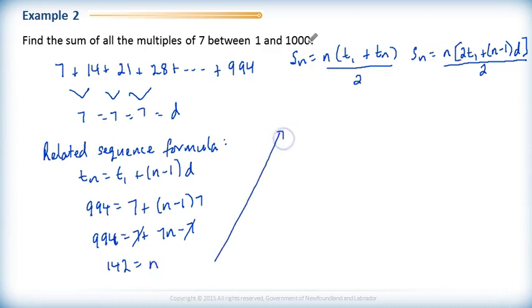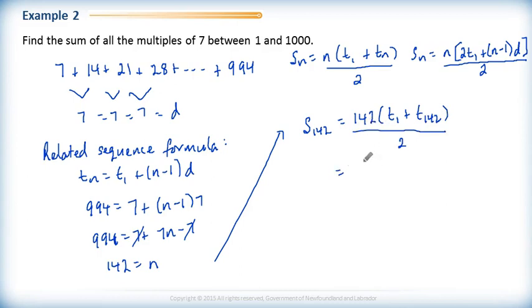So again, I will stick with this first formula. I think S sub 142 is what we're looking for, because we have 142 terms. It equals 142 outside of the first term plus the 142nd term, all over 2.